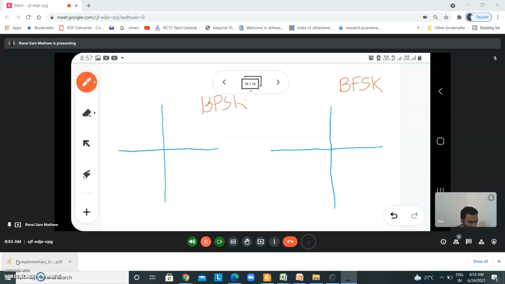In BFSK, we know that the 2 points are at 0, comma square root of Eb, and square root of Eb, comma 0.